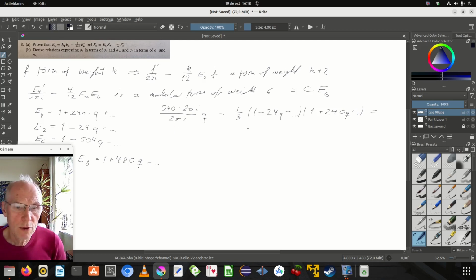And we just do the first two terms, 240q minus 1/3, well, it's 1/3 times 1, and then 1/3 times 24q times 1, that's plus 8q minus 80q, so it's minus 1/3, 168.